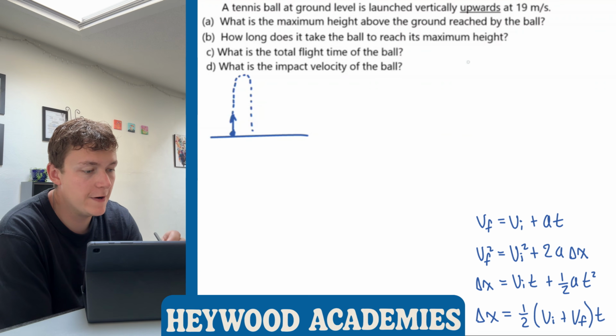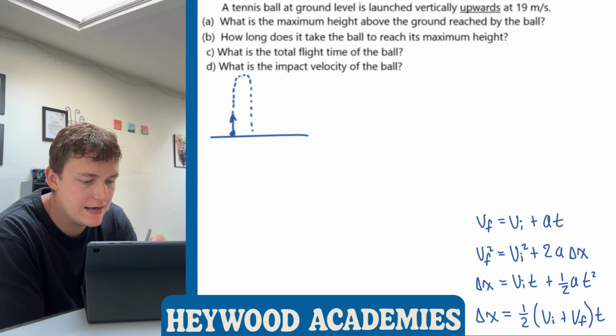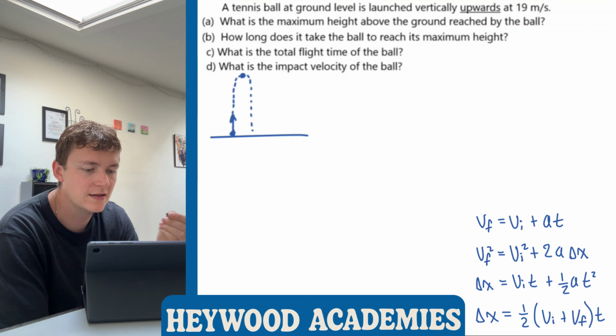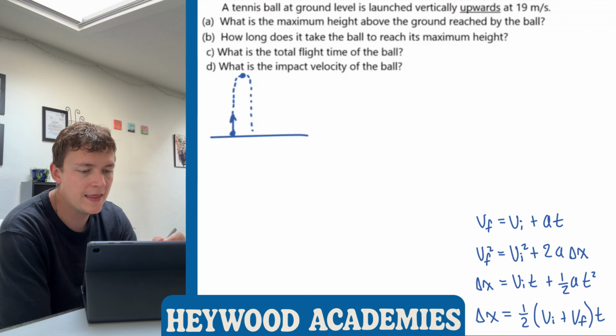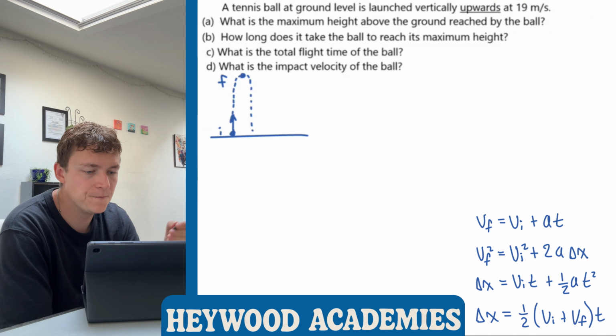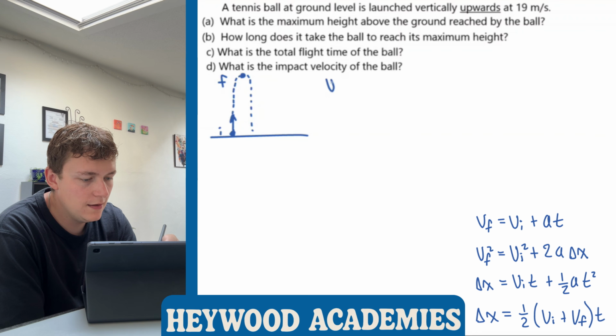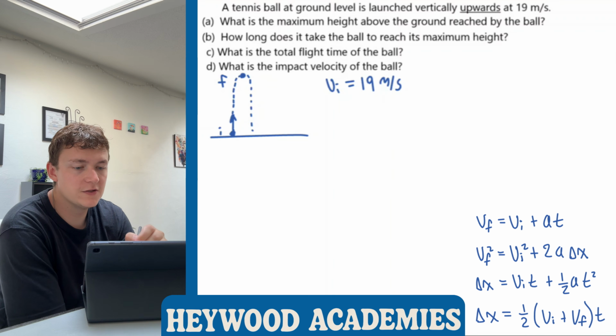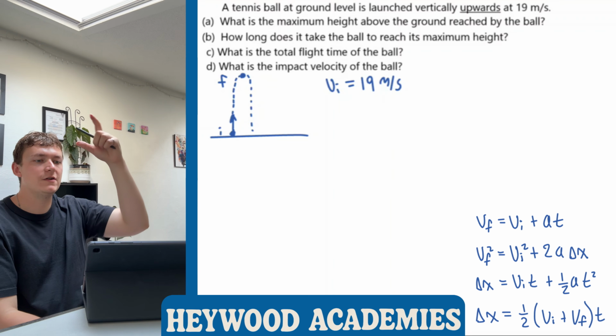Okay, so the first part that we're interested in is the maximum height. So I'm going to put a little dot up there because that's a point that we're interested in. So for the first part, our initial is going to be down here, and our final is going to be up here. We were given initial velocity as 19. At this final spot up here, this is right when the ball starts to turn around.